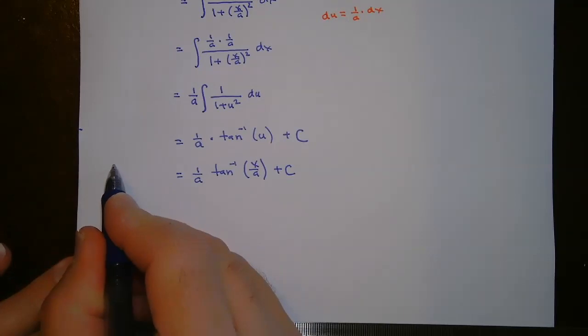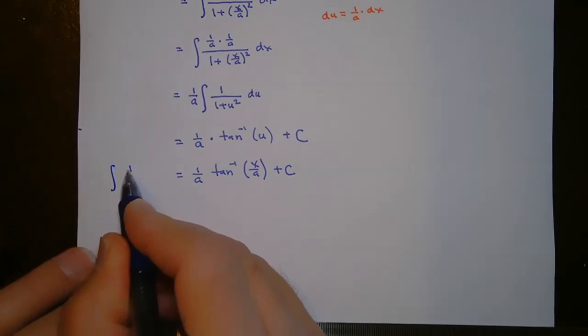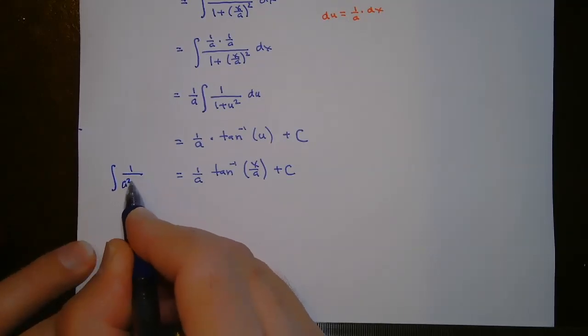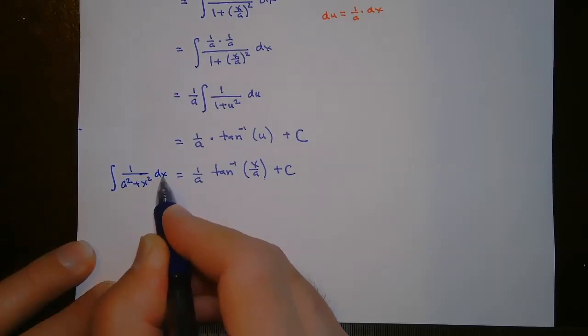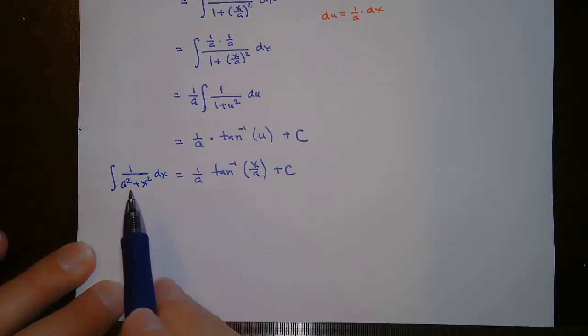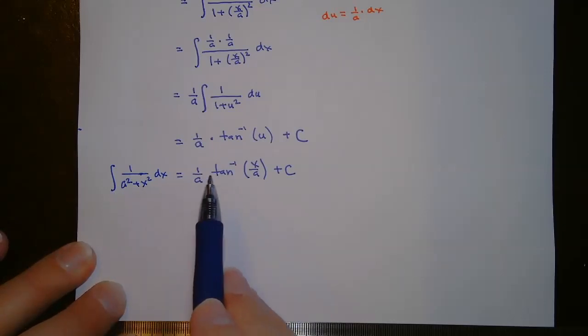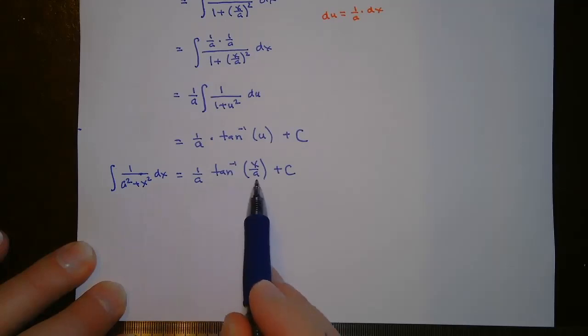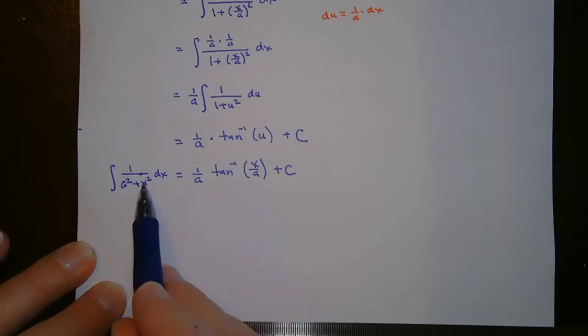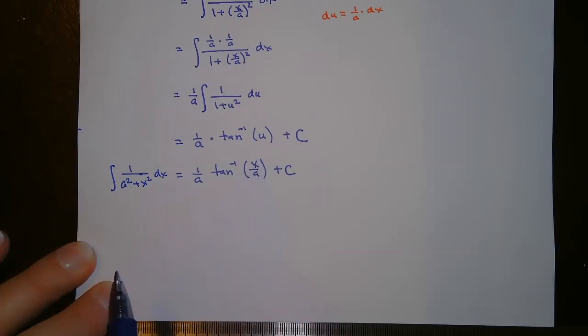It was the integral of 1 over a squared plus x squared dx. Okay, so when we see this, we can rewrite it like this, okay? And so whatever number we're squaring here would be the denominator here and here, and whatever value of x that we're squaring here would go right here, okay?